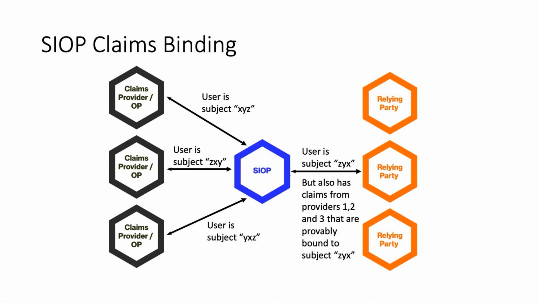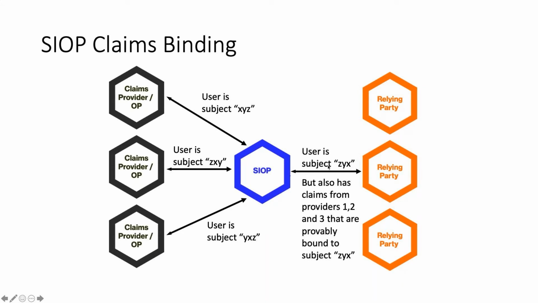I see a question from Tony. What are you binding to? Essentially, the binding is the subject identifier that the SIOP is in charge of returning as a unique identifier that the relying party relies upon for the subject.